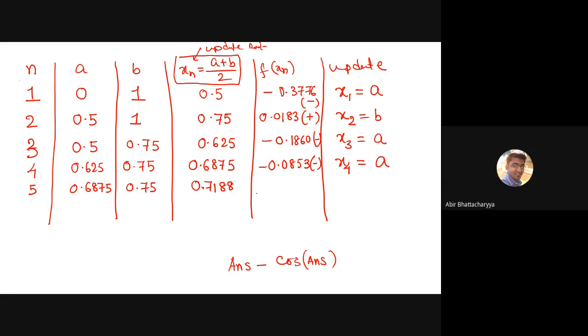Okay, Sam, wait for others' responses. Okay, it's minus 0.338, and it is negative. Since it is negative, x5 we have to update to a. That means in the sixth iteration, a is going to be 0.7188 and b is 0.75. So what is the midpoint?